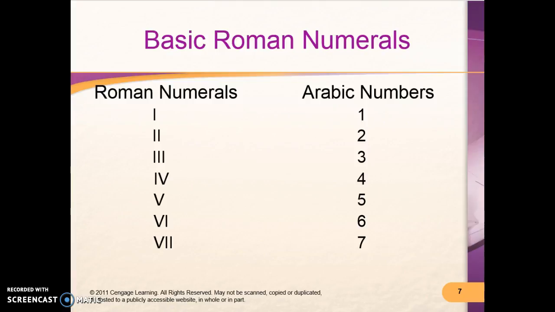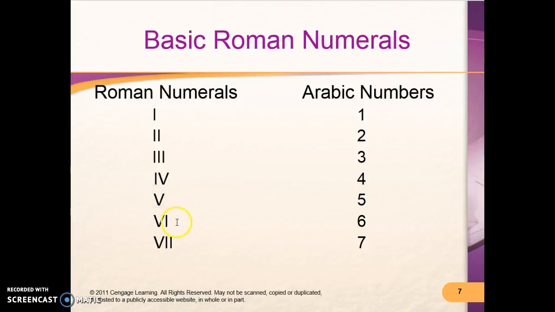So we had to come up with another way to do it. So the letter V represents 5. So what they did to represent 4 was to put that I in front of the V. So when you put the I in front of a larger number, it's like subtraction. So IV is 4. And then, like I said, V is 5.